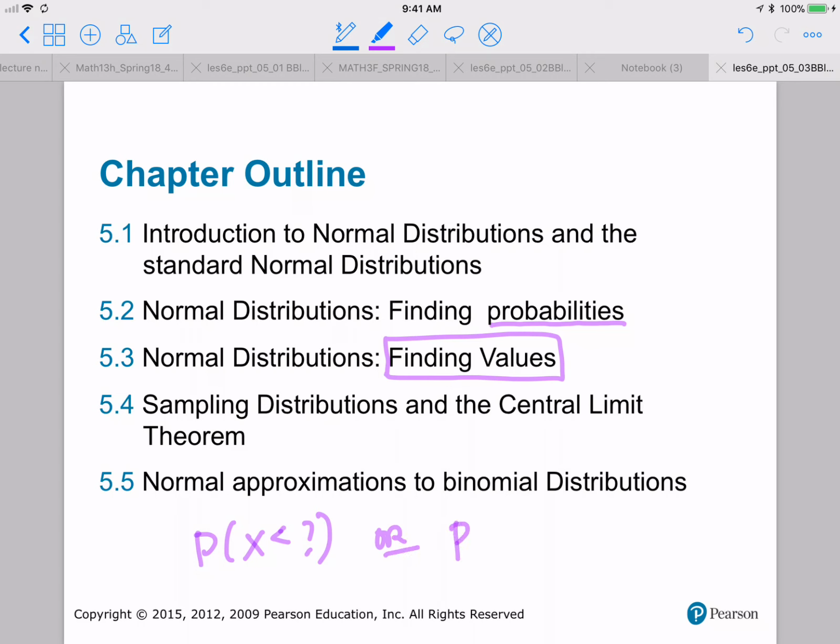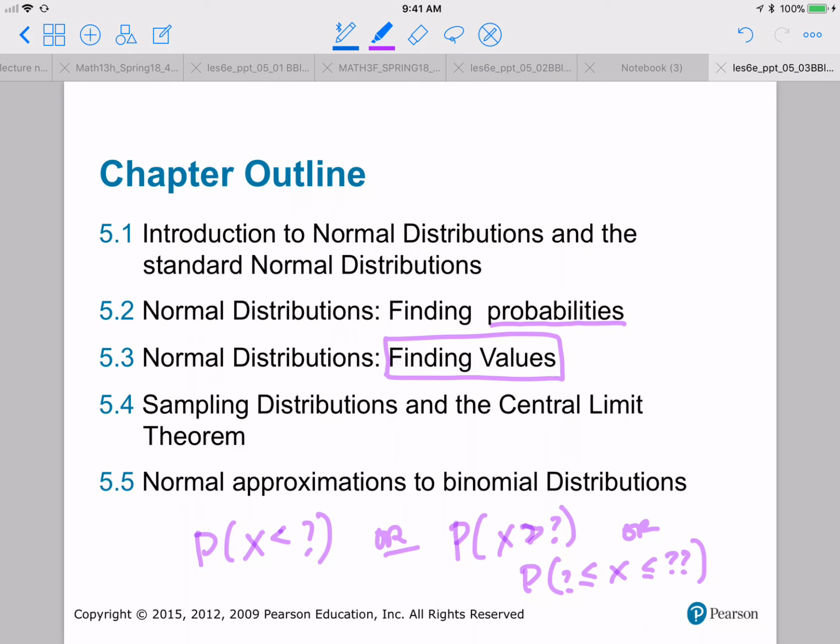Or greater than some value? Or between some values? Those were the issues that we were studying. And we were given values and we wanted to find probabilities.